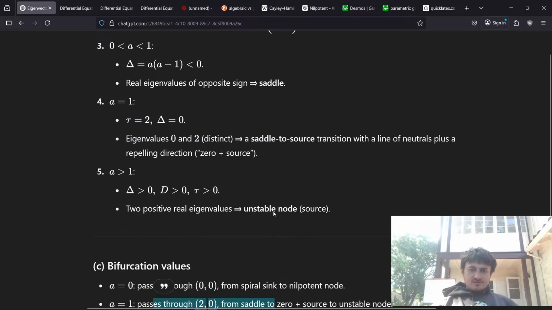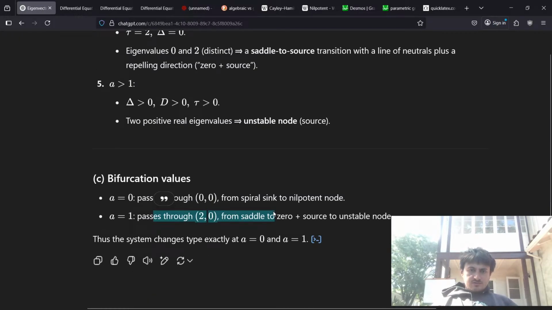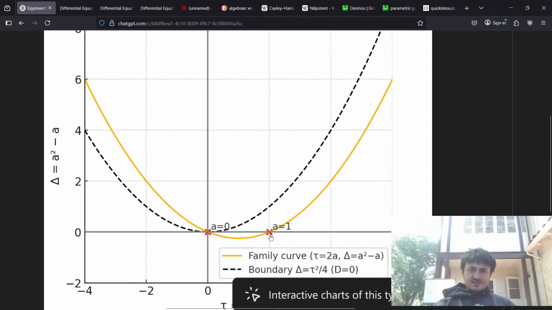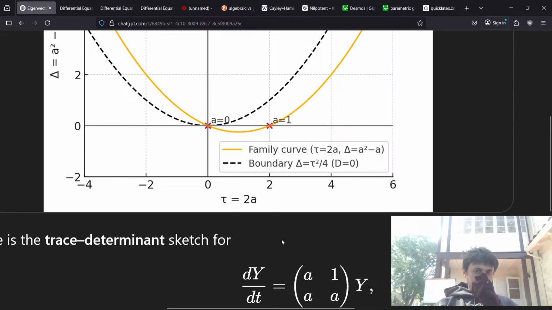Oh, no, it does say 0, 2, 0. Oh, this is 2, 0, but A equals 1.